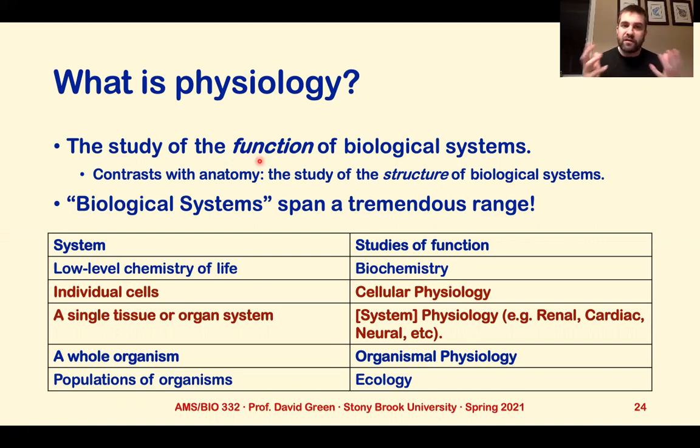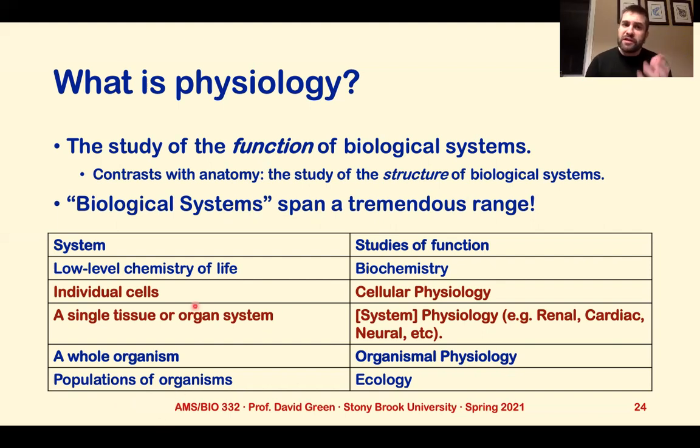Now, of course, biological systems is itself a fairly vague term, ranging everything from the low-level chemistry of life, if you will, the molecules that are essential for living things, up through populations of organisms, ecosystems, and the biosphere, and so on.